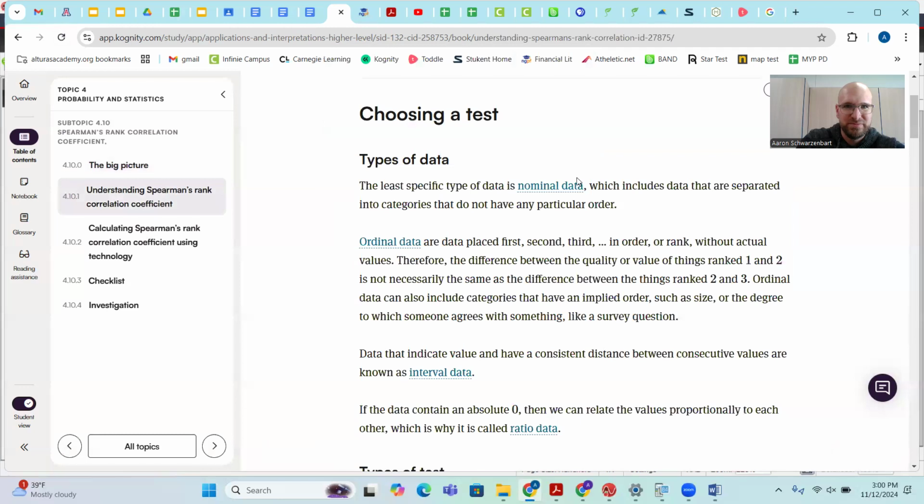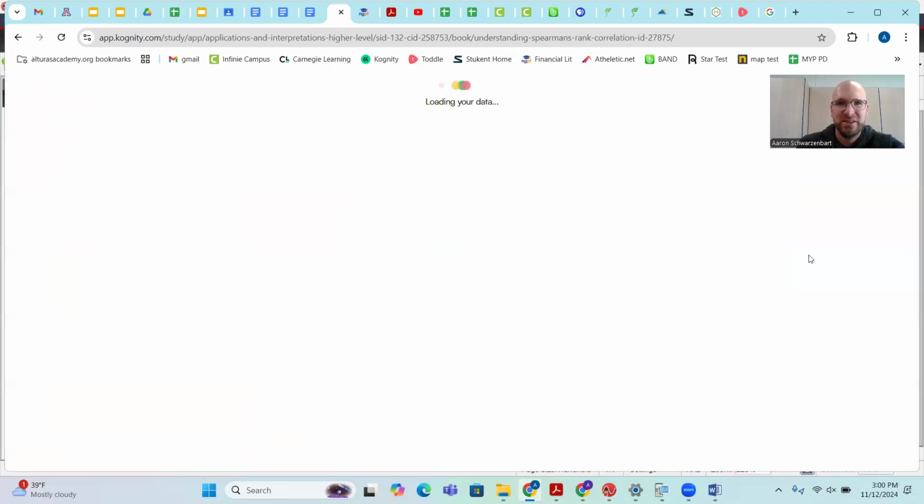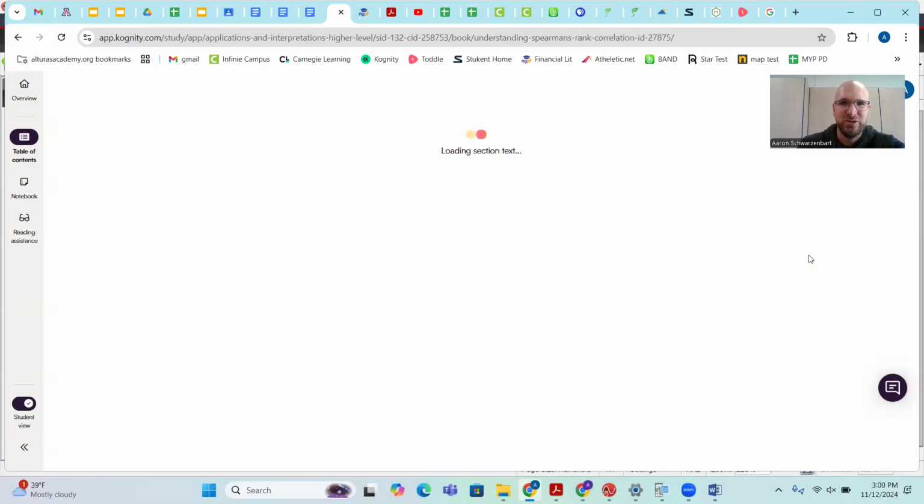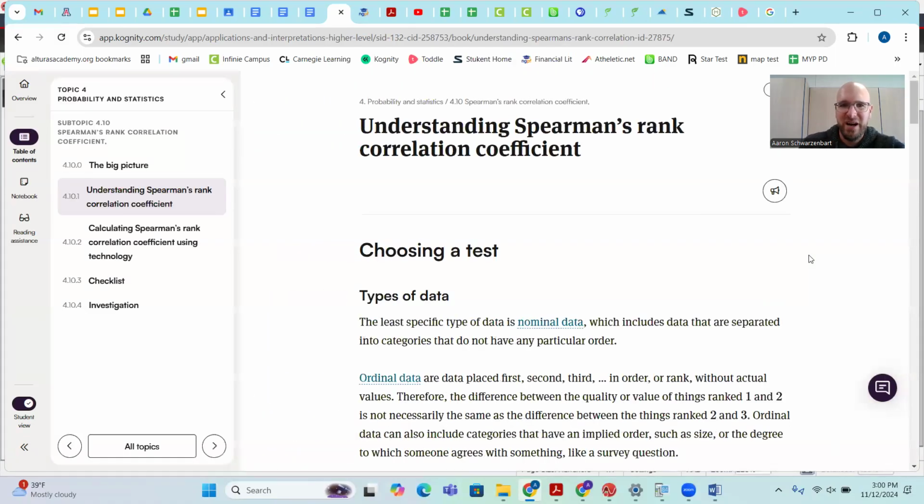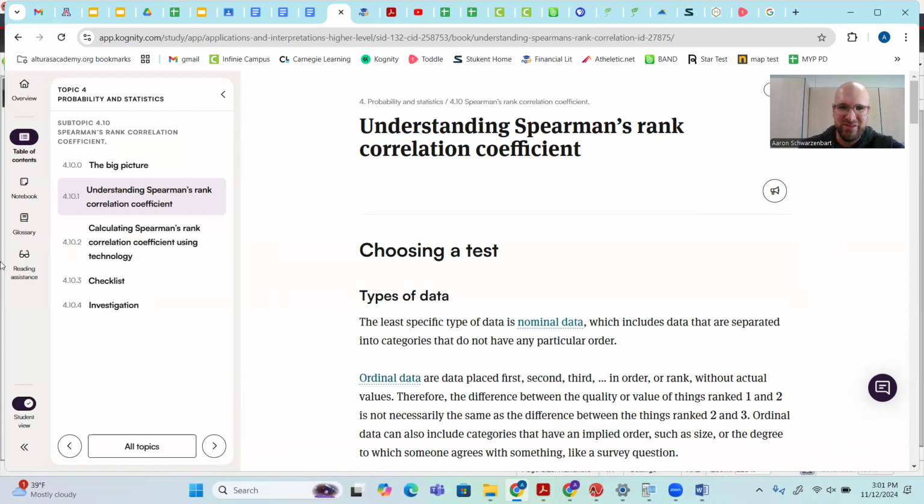So, choosing the test. Oh, there it went. A couple of things. We have nominal data, which includes data that are separated into categories but do not have any particular order, or ordinal data, which has a first, second, third, and a definite rank order. These are two very important types of data.